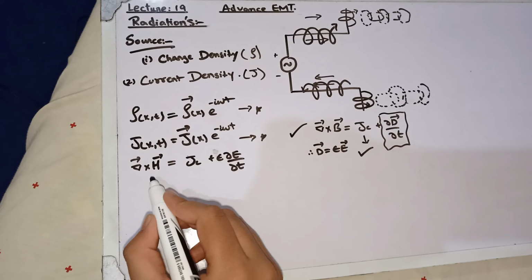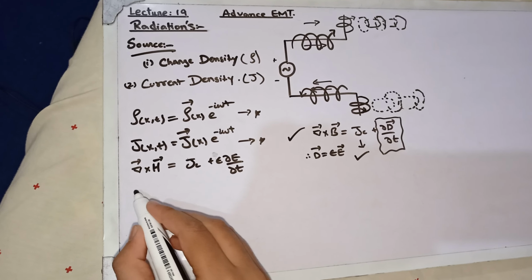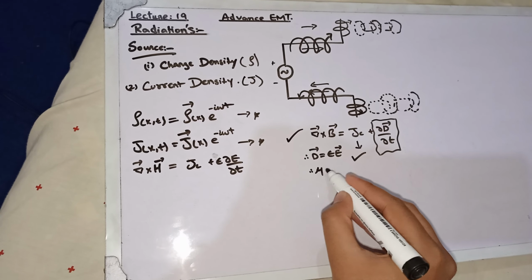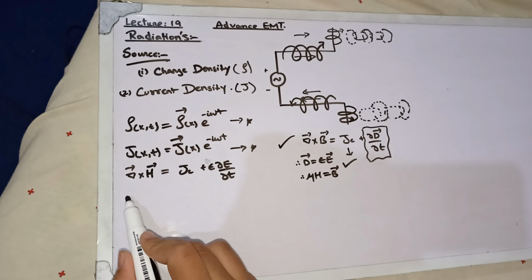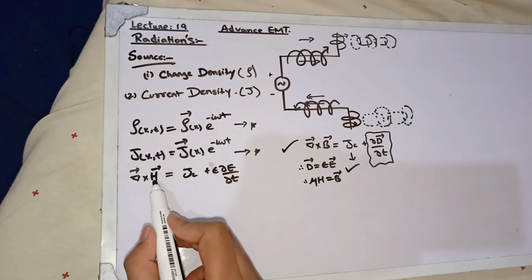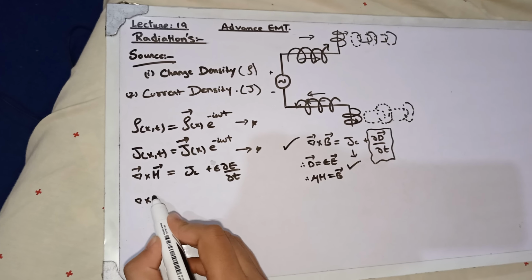Now you just have to multiply the whole equation by mu. You also know that mu H equals B, so when you multiply mu with the whole equation, mu times H becomes del cross B.